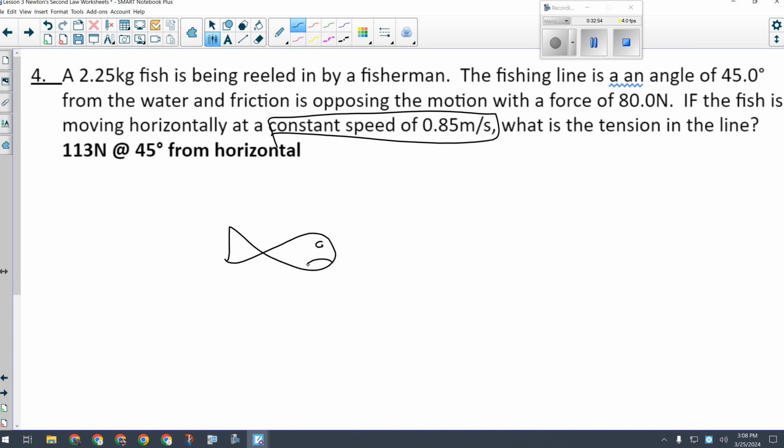He's not happy, because he's got a hook in his face, and he's being pulled at an angle. But it says here that he is moving horizontally, which means there must be a force backwards as well. Which force is that?